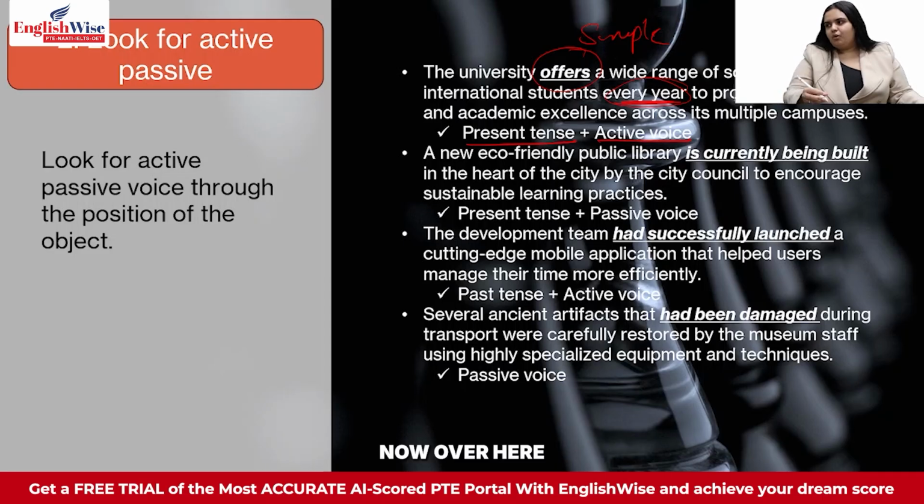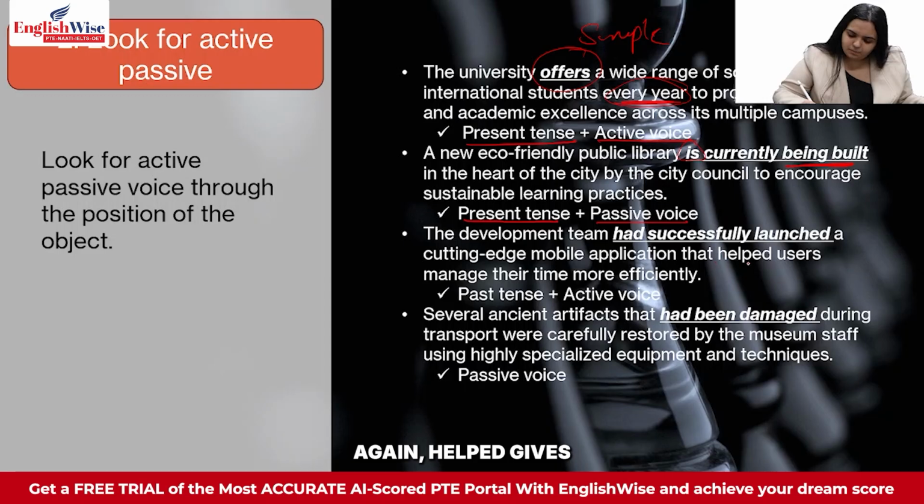Okay, now over here again, when you have the word is, it gives you the understanding that it is in present tense. And if you have being built, that is being plus the V3 form of the verb, then it is passive voice as well. Next: the development team had successfully launched a cutting-edge mobile application that helped users manage their time more efficiently.